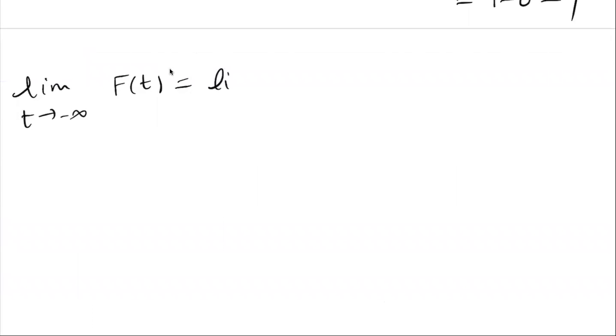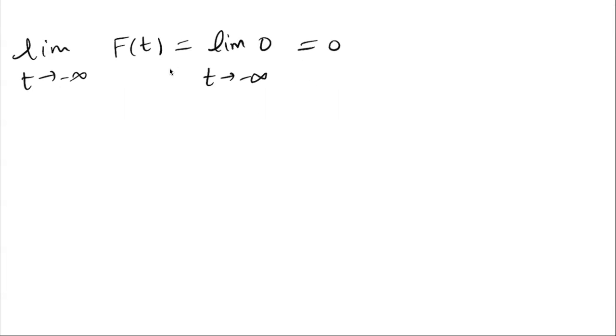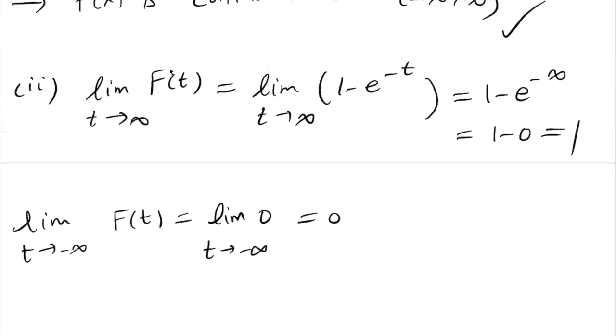So I will have the limit of the constant function 0, and this is 0. And so this was the second property.